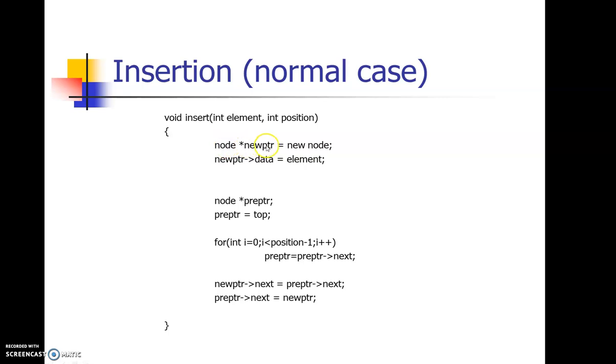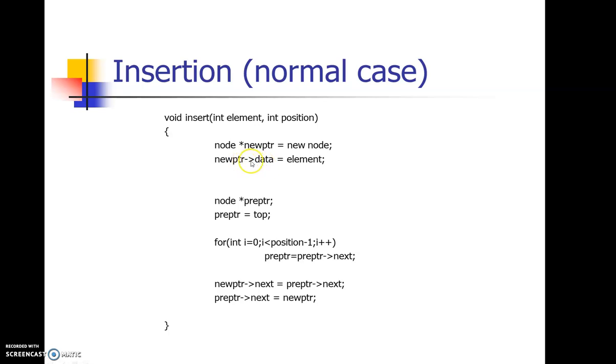Now you can see in front of it, we want to create a pointer in the data type of node. So star over here indicates I want a pointer pointing at that new location. So you have a new pointer pointing at the new location that has been created. Next, new PTR to the data part.